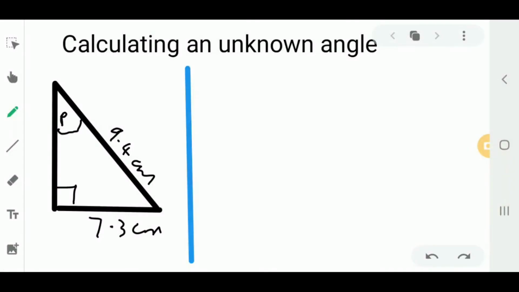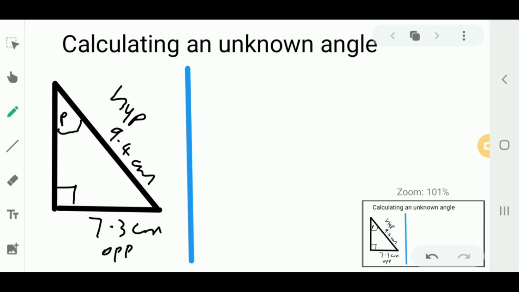So now we're going to do an example of when we're calculating an unknown angle. Here, the unknown angle is P. The 7.3 is the opposite because it is opposite the angle. 9.4 would be the hypotenuse because it is the longest side and it is opposite the right angle. So again, we have opposite and hypotenuse, and we're trying to find the angle. Which of the three ratios has opposite and hypotenuse in it?